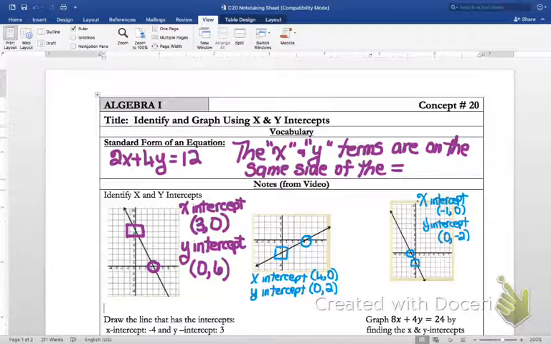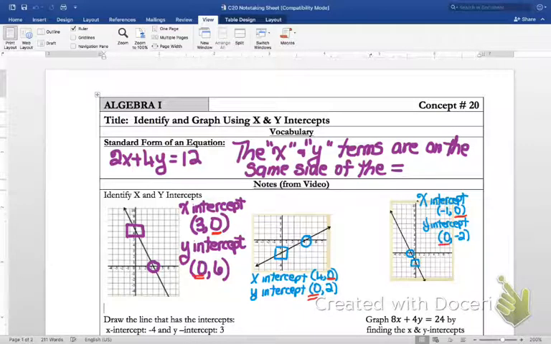Now, there's something important about all of these x and y intercepts that I want you to look at, and that is that when you are talking about an x-intercept, notice that the y value is always 0 at the x-intercept. Now, when I'm looking at my y-intercepts, notice my x value is always 0.